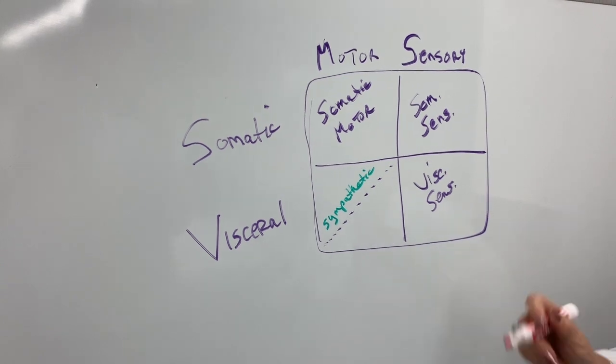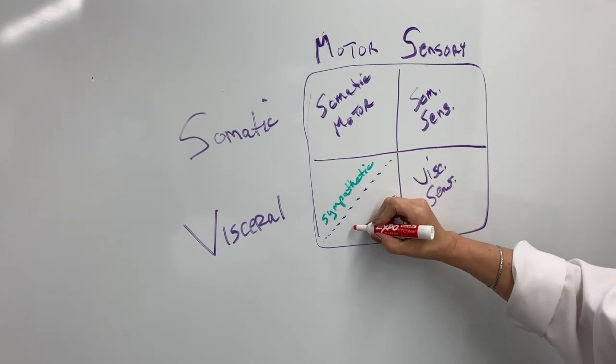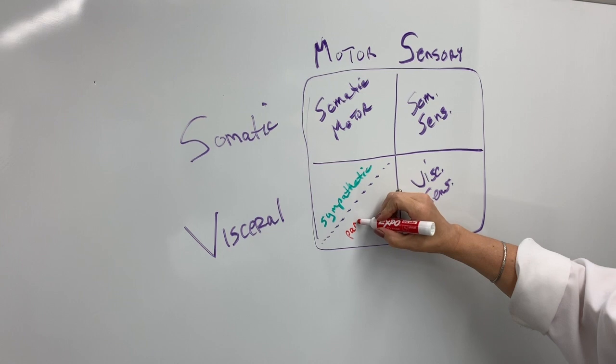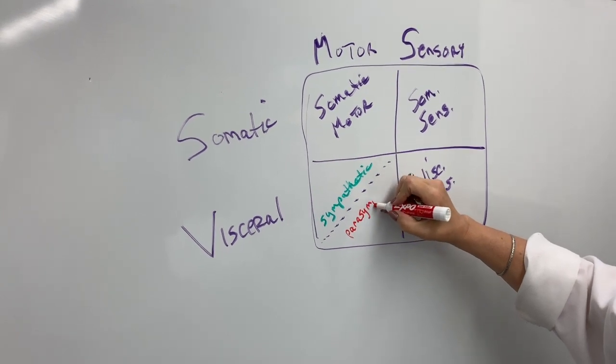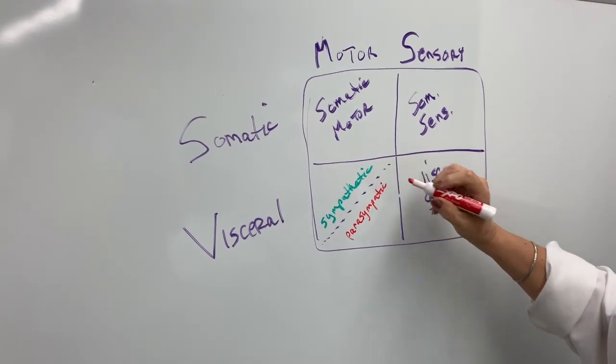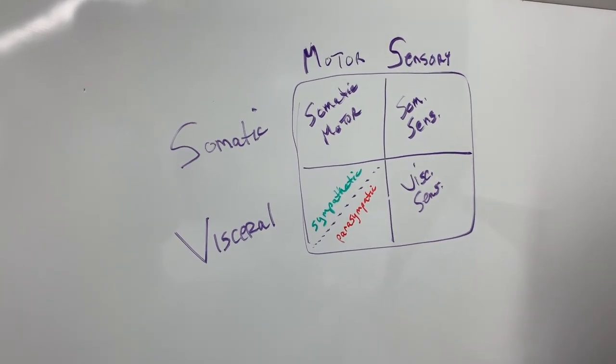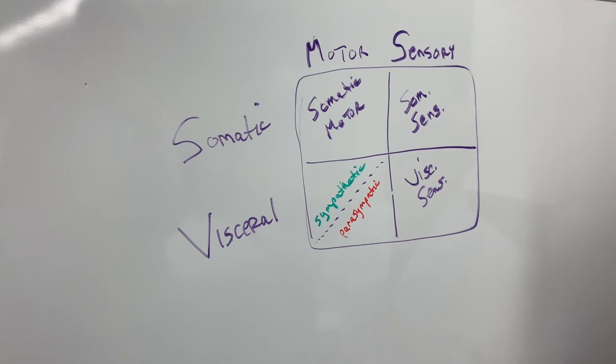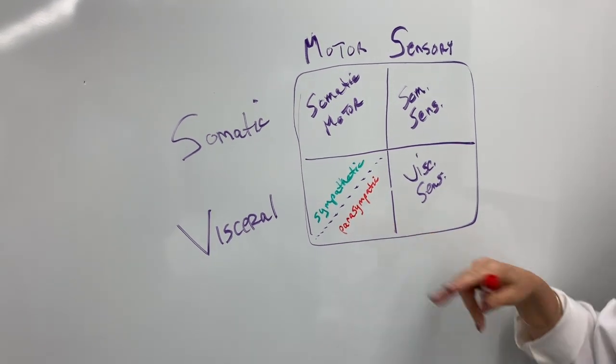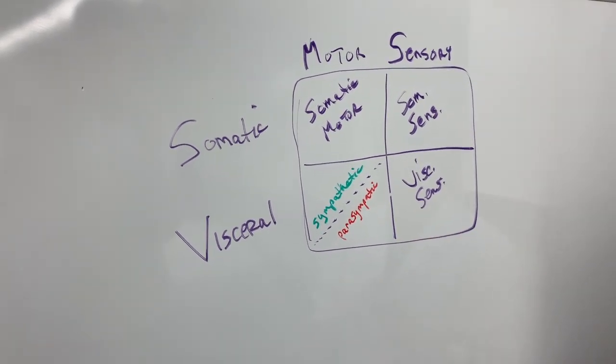This is sympathetic. Or we can have a brake pedal. This is our rest and digest, which is parasympathetic. Parasympathetic is our rest and digest. So it is going to slow down our heartbeat, slow down our breathing, but it's going to increase our digestive system, our rest and digest.